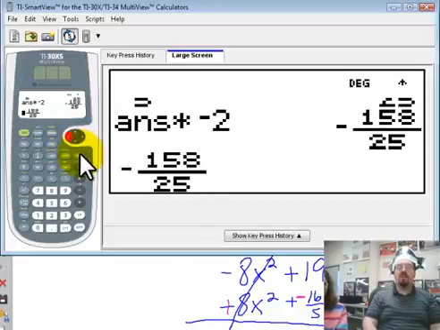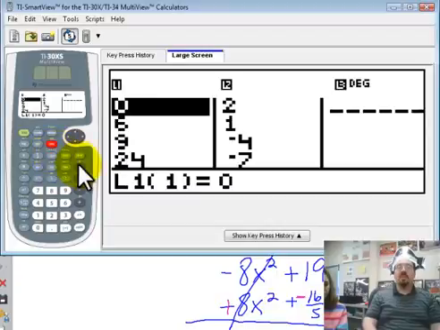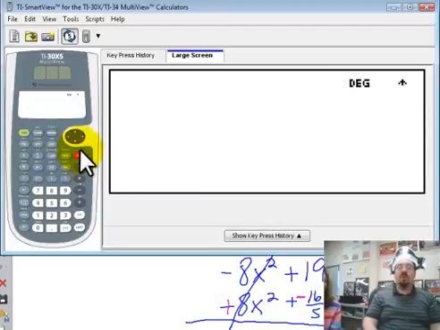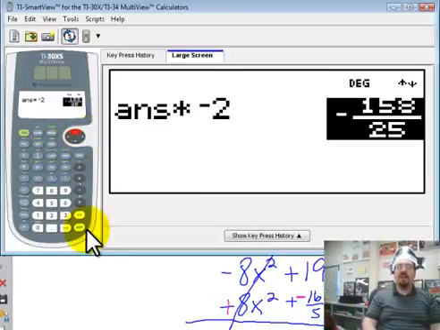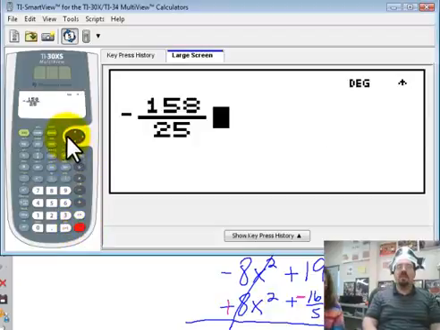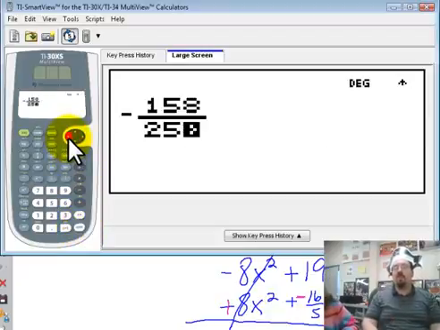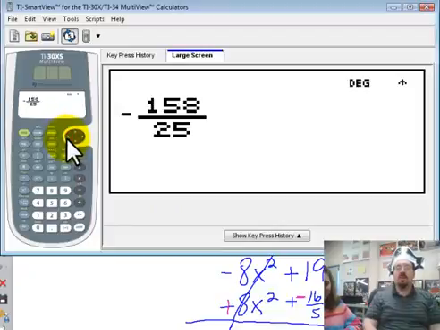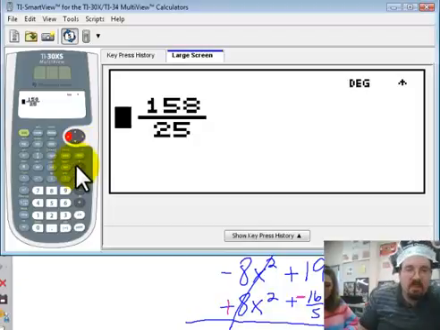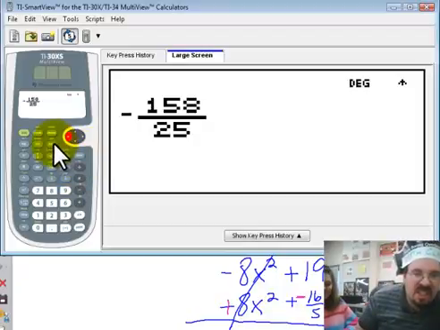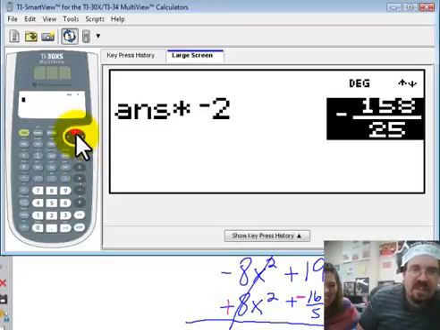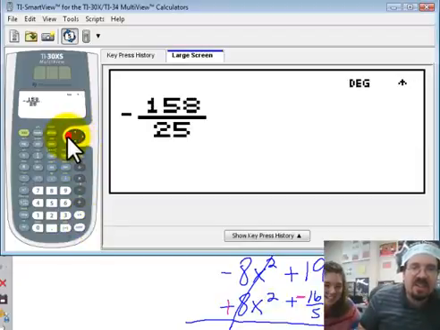You scroll back up over what you want to work with, and you just hit enter, and it pastes it down for you. Oh, I cleared it. It's tiny.